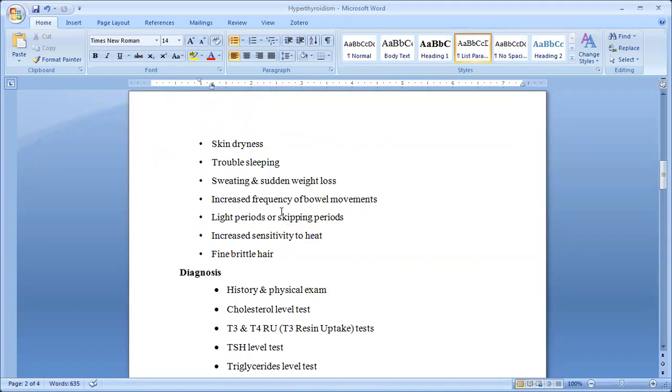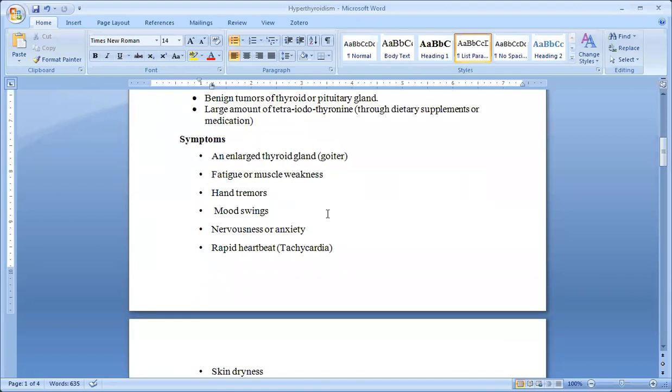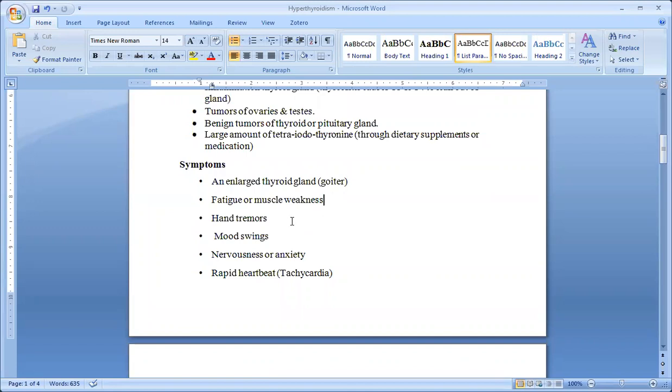So these are the symptoms of hyperthyroidism. Which are those?